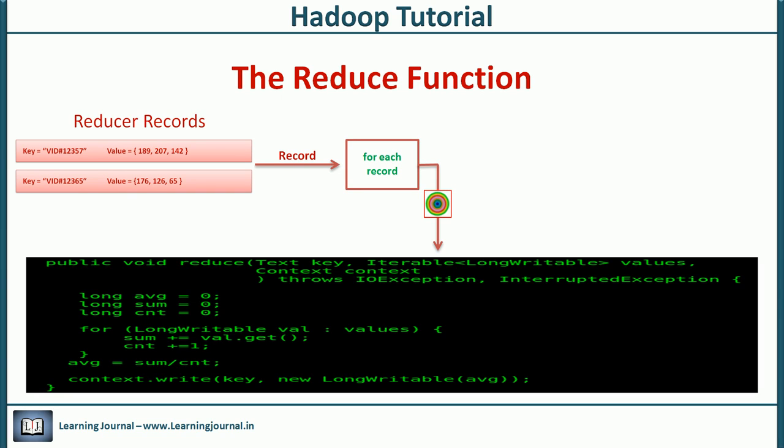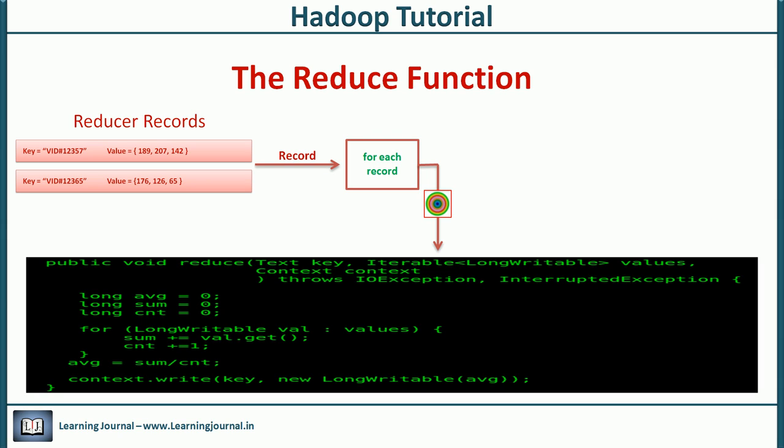There is one more important point to note here. The framework will also sort the records by key. That means the video ID 57 comes before video ID 65. As a result of sorting, the output is always sorted by key. The sorting is one of the key design features of the mapreduce framework.